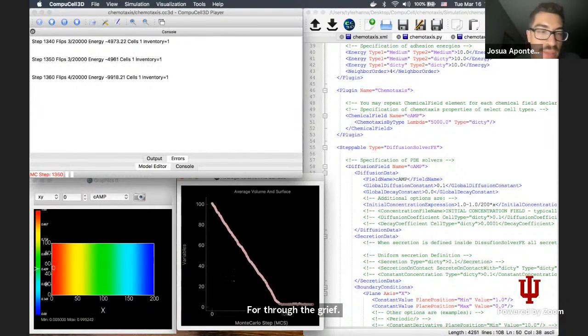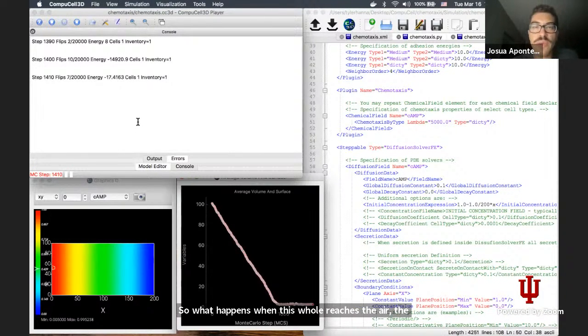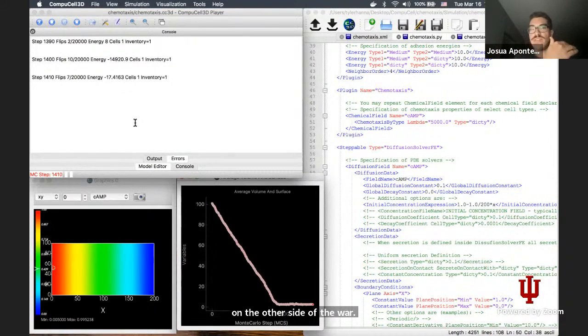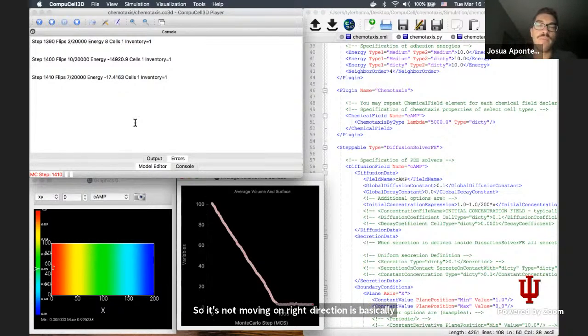So what happens when the cell reaches the border? We set the borders to be periodic, but the cell is detecting that on the other side of the border, the field is lower, so it's not moving in that direction. It's basically staying at the position where the field is at maximum.